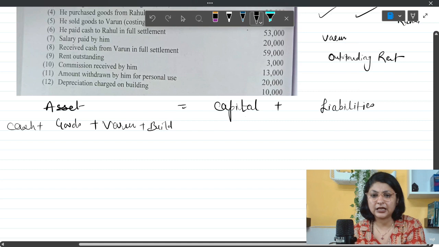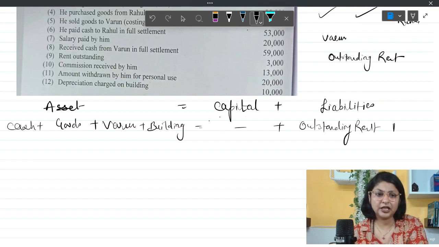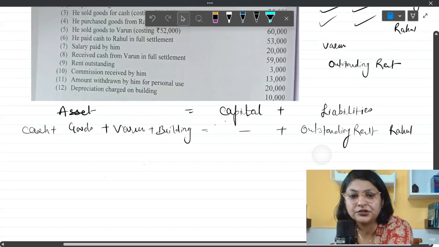All these things I will write under assets, and under liabilities I am going to write outstanding rent and the name of the creditor, which is Rahul.